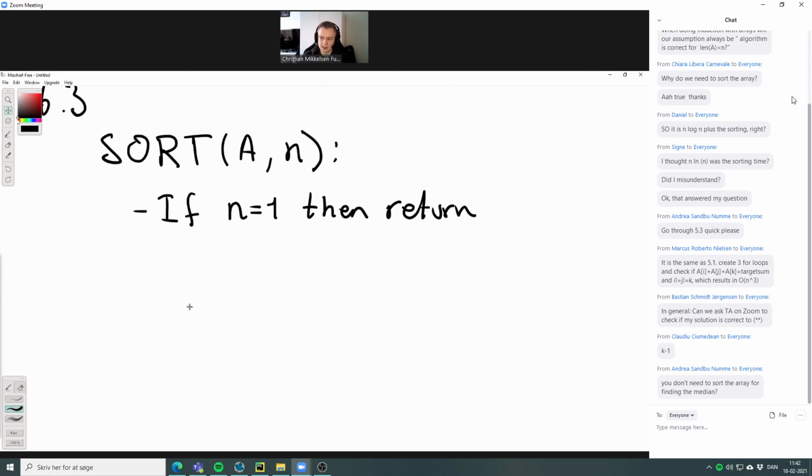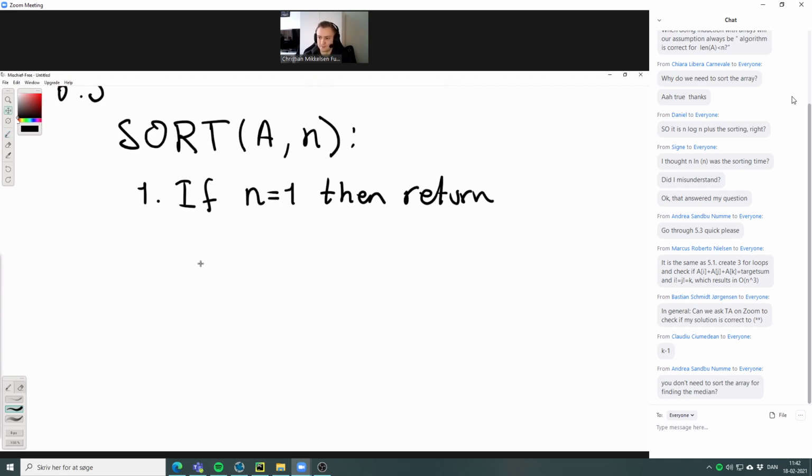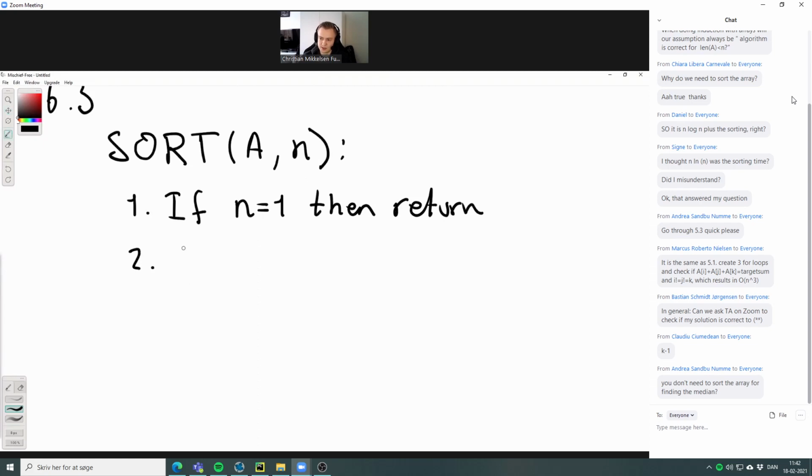Okay, so that is step number 1. Step number 2 is find the median. I guess actually you can just say create partitioning, right? So we just use the algorithm that we had above, create partitioning.